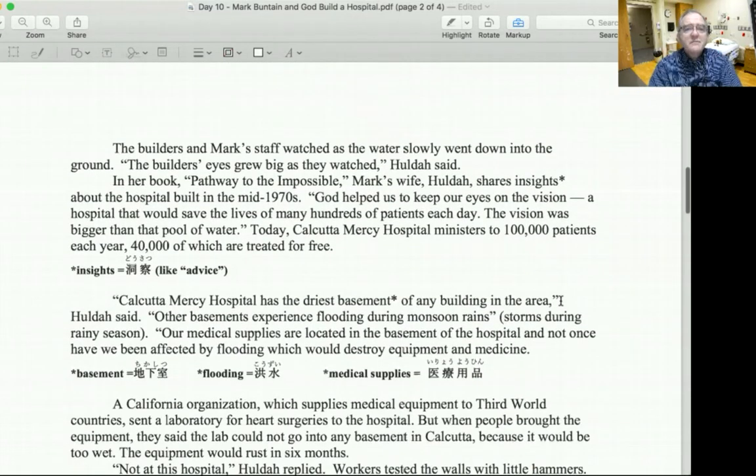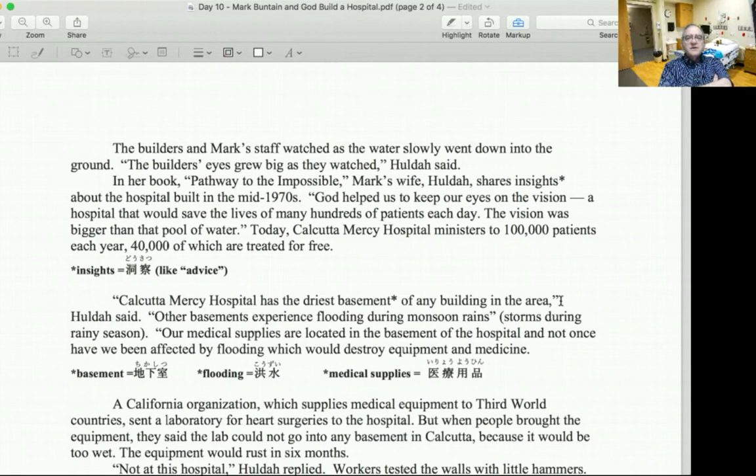The builders and Mark's staff watched as the water slowly went down into the ground. "The builders' eyes grew big as they watched," Hulda said. In her book, Pathway to the Impossible, Mark's wife Hulda shares insights about the hospital built in the mid-1970s.